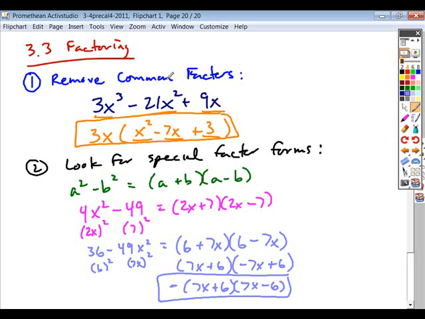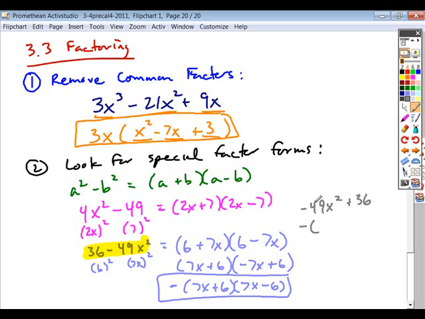And in fact, that becomes a step 1 up here. Remove common factors. So if you were approaching this problem right here, the way that I would like you to approach this problem is think of it in the following way. It's not written in standard form, so I would write it in standard form first. And then remove any common factors so that right away you get your leading coefficient to be a positive.